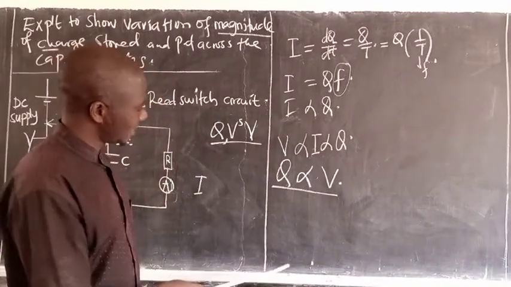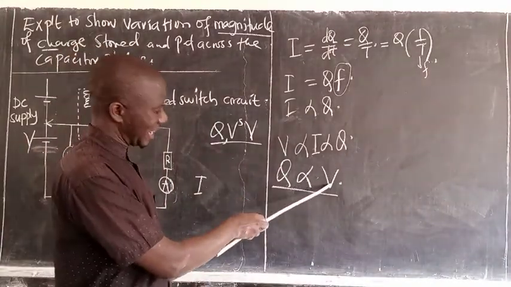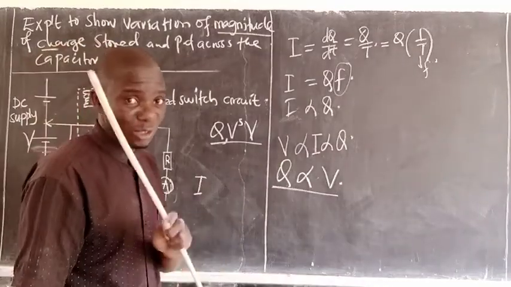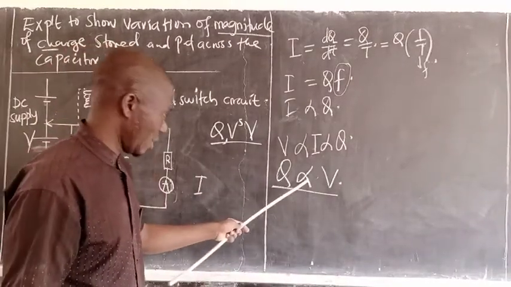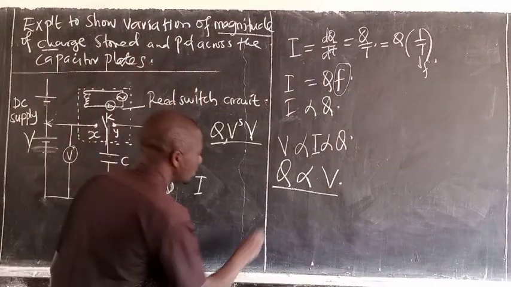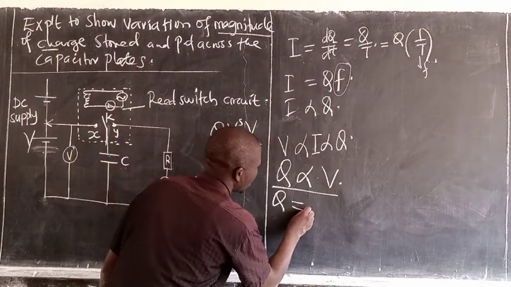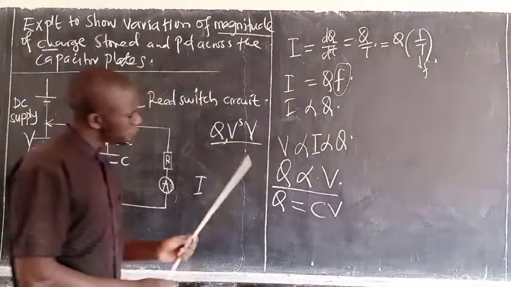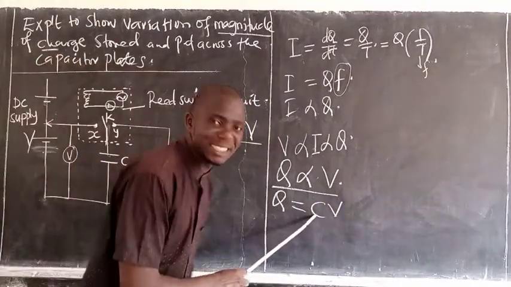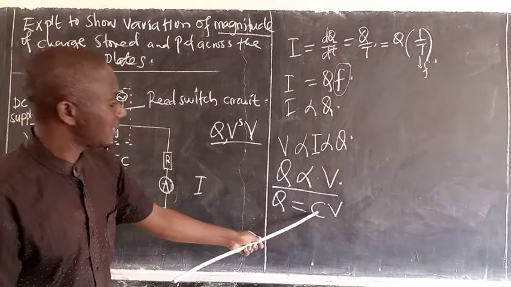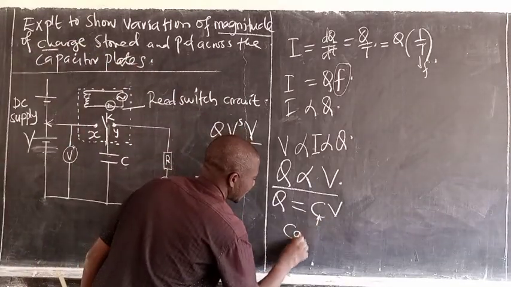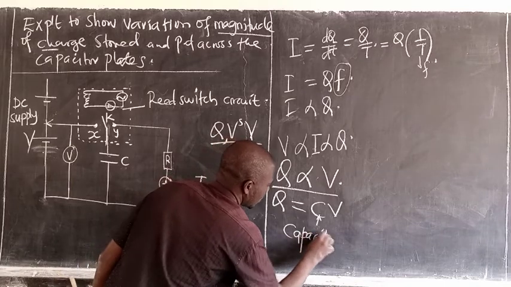So that means as you increase the potential difference, the charge stored on each of the capacitor plates will increase. We can remove the proportionality sign and put a constant, and you find that that constant is actually C, which is called the capacitance.